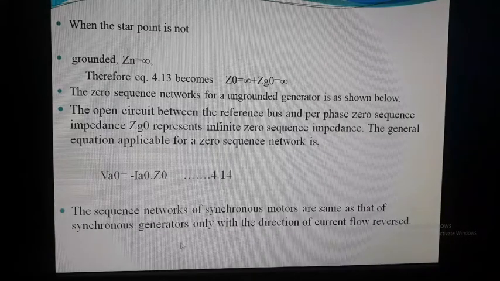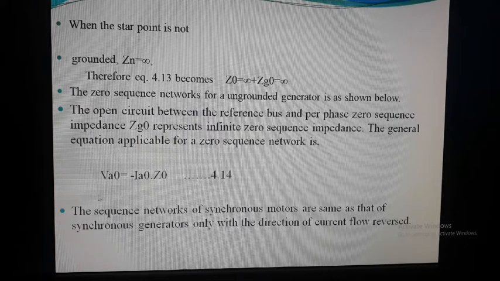When the star point is not grounded, then Zn is infinity. Then Z0 becomes infinity plus Zg0, which is also infinity. Now, the open circuit between the reference bus and the per-phase zero sequence impedance Zg0 represents the infinite zero sequence impedance.